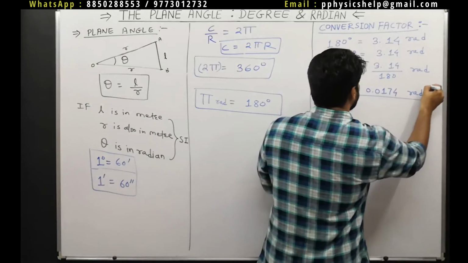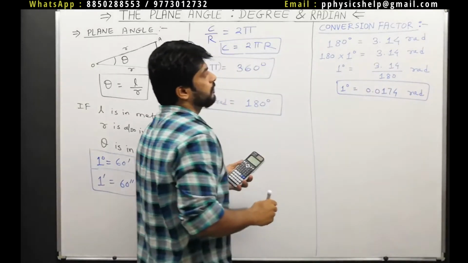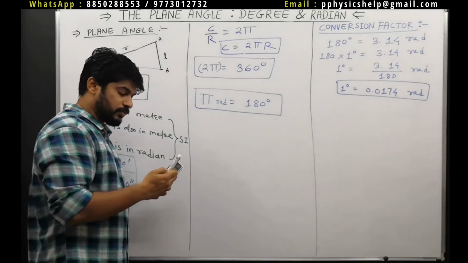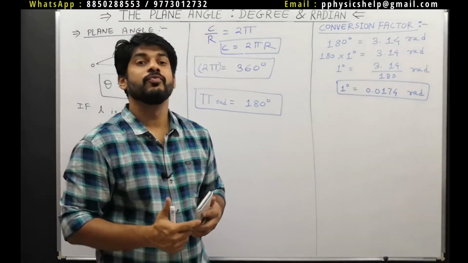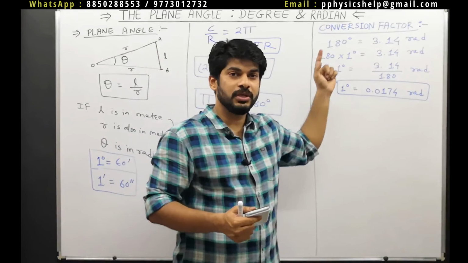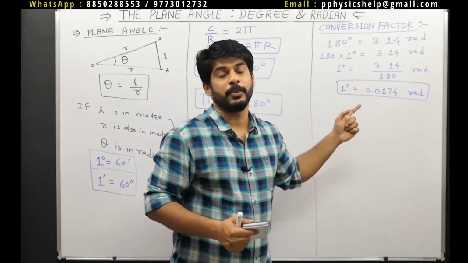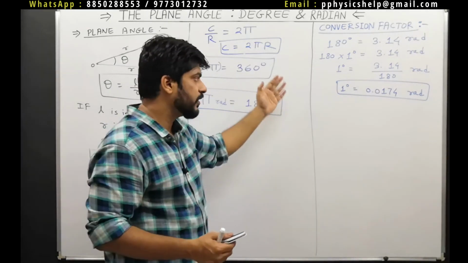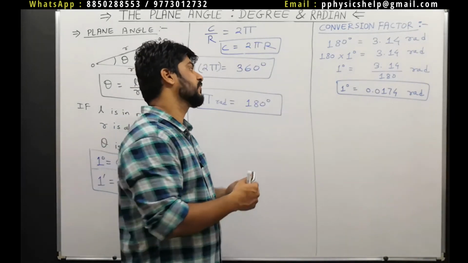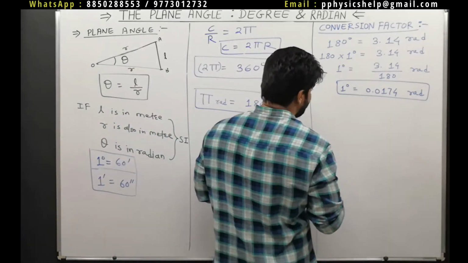So you have got this conversion factor. This is very important because we are going to see an important method called the parallax method, where we actually have to use these conversion factors. Over there these conversion factors are very important. That's why we have to look at these numbers. So now let's move on.